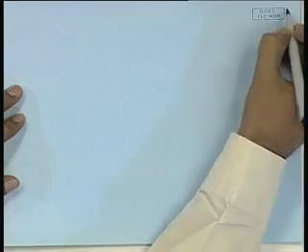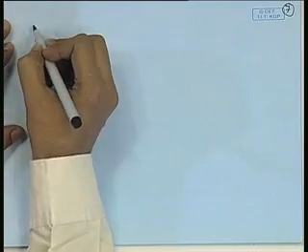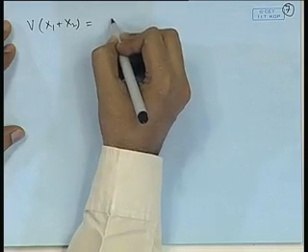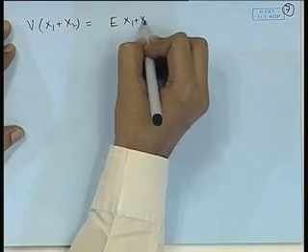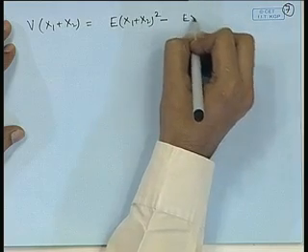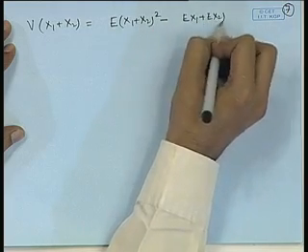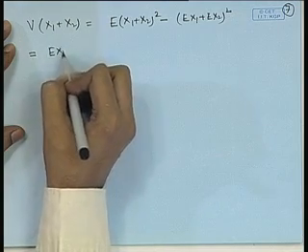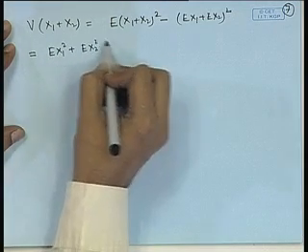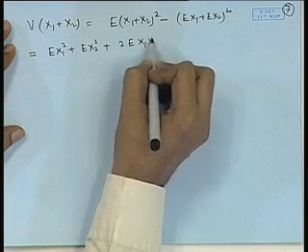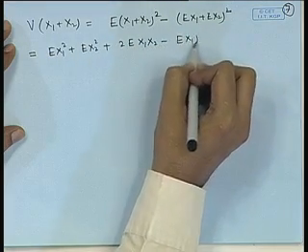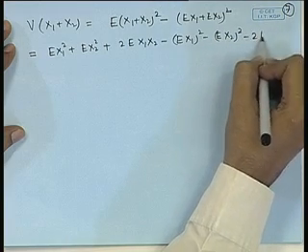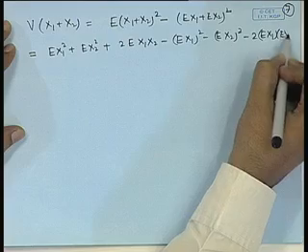In the case of variance, let us write for two of them, that is, variance of, say, x1 plus x2. Now, this is equal to expectation of (x1 plus x2) whole square minus (expectation of x1 plus expectation of x2) whole square. So, this is equal to expectation of x1 square plus expectation of x2 square plus twice expectation x1 x2 minus (expectation of x1) whole square minus (expectation of x2) whole square minus twice expectation x1 into expectation of x2.